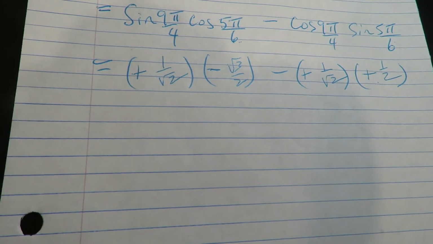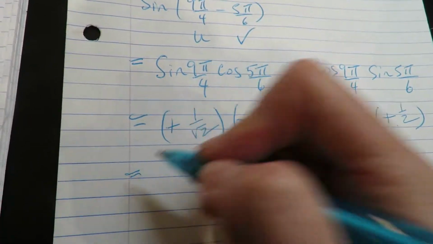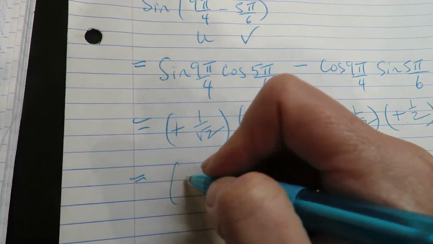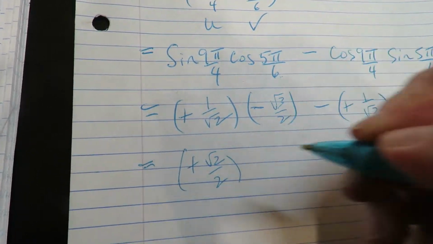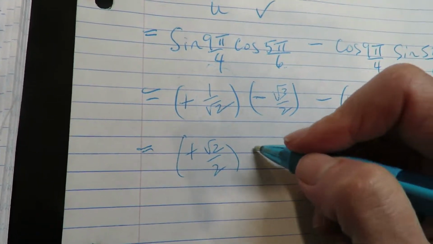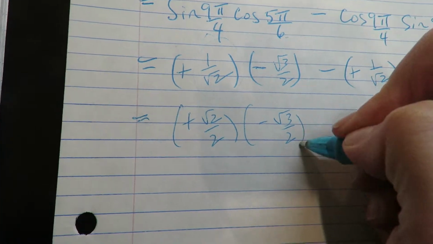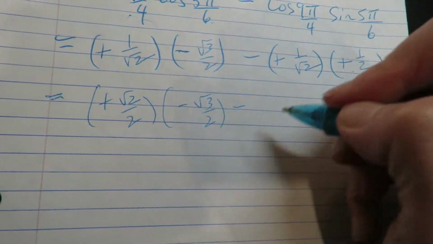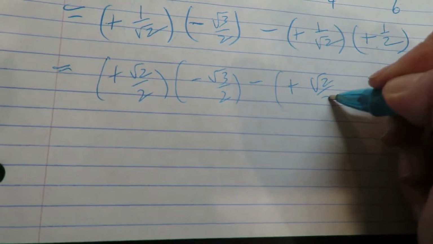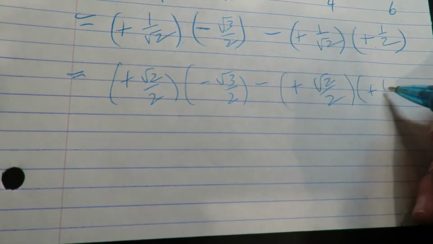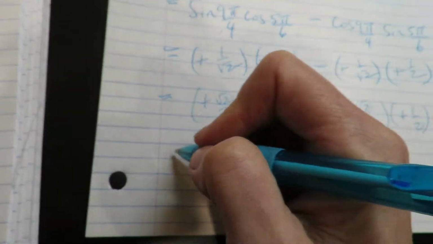Alright, what I'm going to do now is I'm just going to rationalize this. I'm just rationalizing, it's just a little easier. So I rationalize this guy. I'm going to rationalize this guy. Alright, now I'm going to multiply.